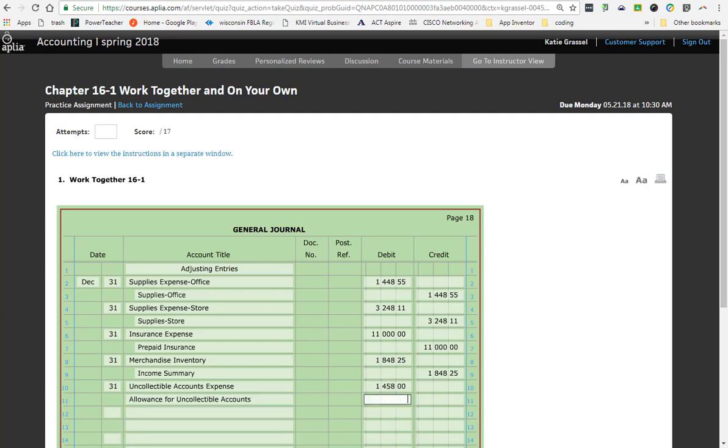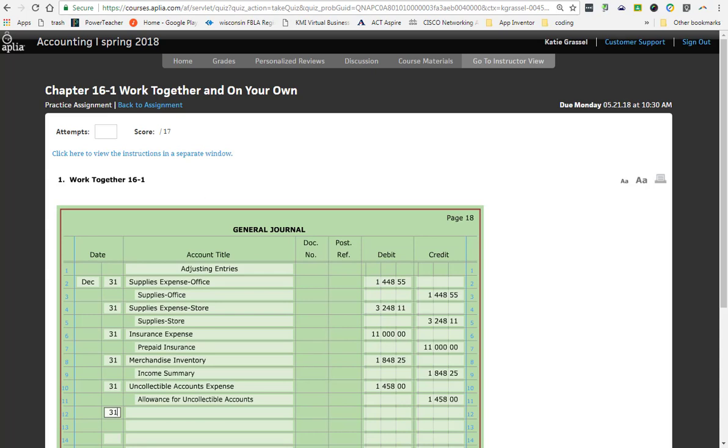Allowance for uncollectible accounts is a contra asset account, which means it is going to be a permanent account. It does not get closed at the end of the fiscal year. So that one is letter E.